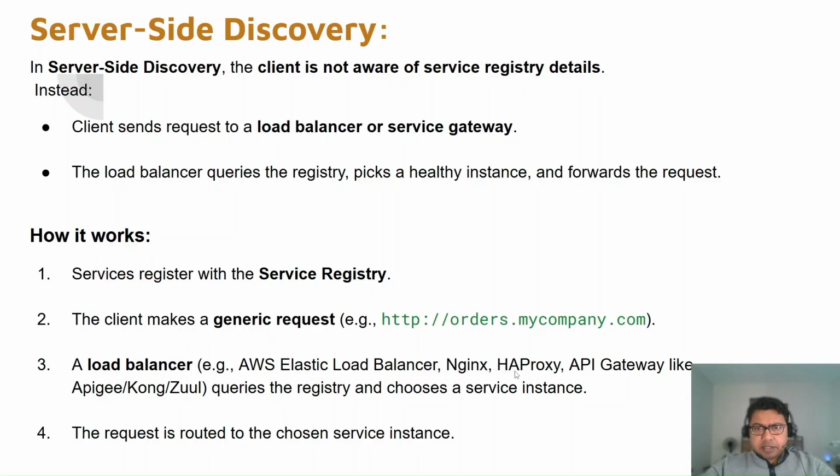If we implement these things in your project, HAProxy or API gateway or Zuul, then you have server side discovery. Basically any real-time project has server side discovery. The request is routed to the chosen service instance. So this is how it works, I mean the steps. I hope you understood this much.